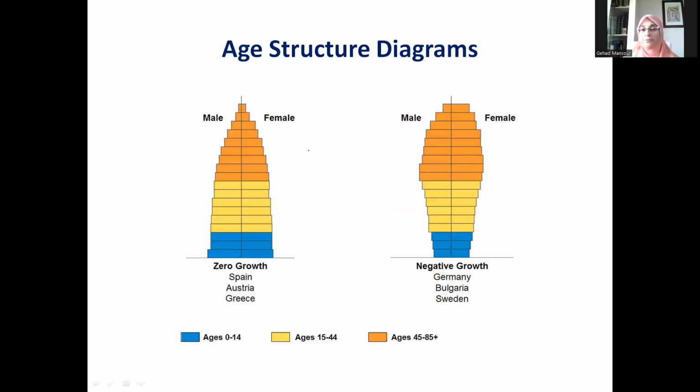Similarly, here we have the zero growth diagram where the birth rate, by definition, is almost equal to the death rate. Okay. And we have the negative growth diagram where you have the birth rate smaller than the death rate.